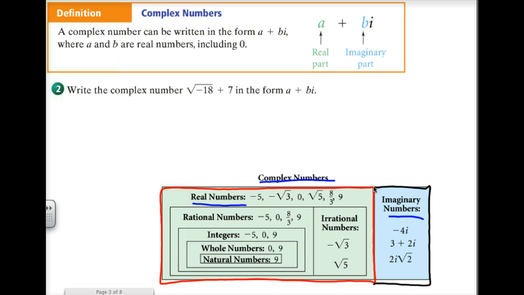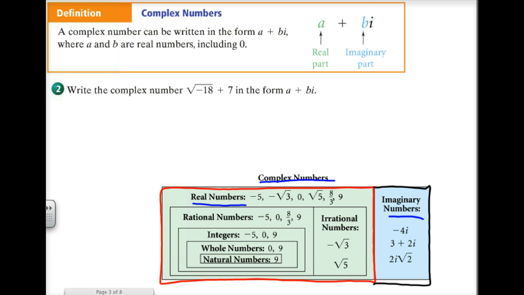Together, the real numbers and imaginary numbers create the complex numbers. So the complex numbers include all of the real numbers, all of the irrational numbers, all of the rational numbers, everything that you see in that red box, as well as the imaginary numbers.